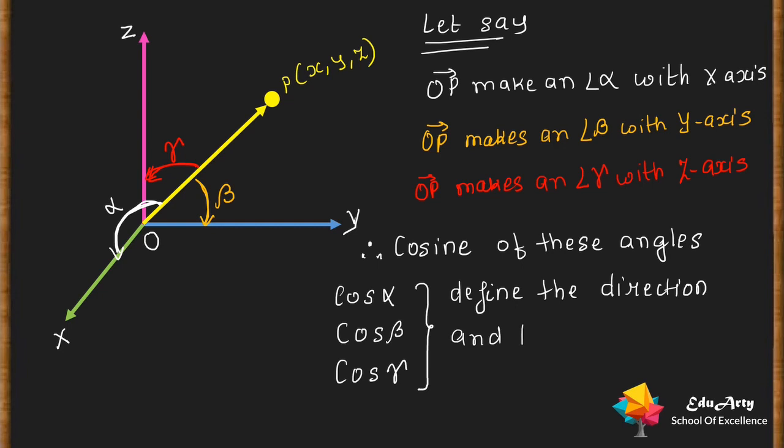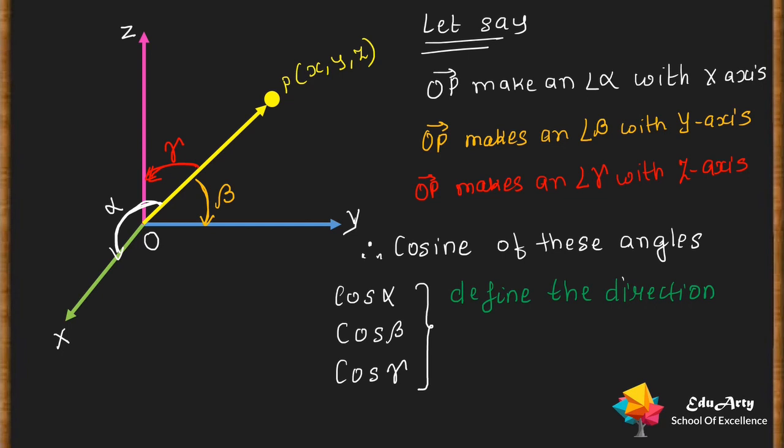I'll write this in another color because white on white will get mixed together. They will define the direction of the OP vector, correct?